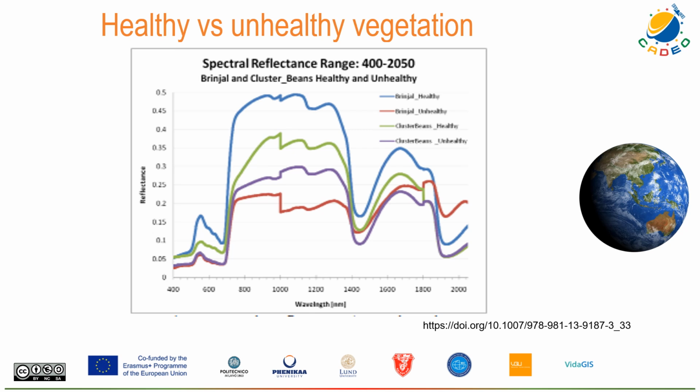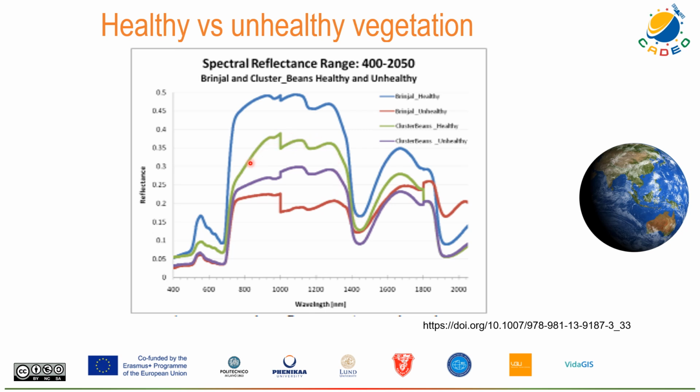We can also look at if the vegetation is healthy or unhealthy. If it's, for instance, a drought period, we would see that in the spectral signature of vegetation. So here we have two different species. I don't even see what it is, but one is healthy, the blue one is healthy, and the green one is then not so healthy anymore.